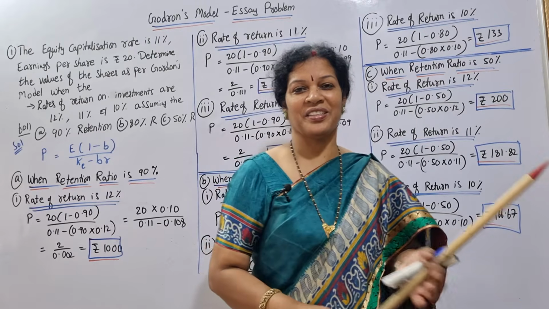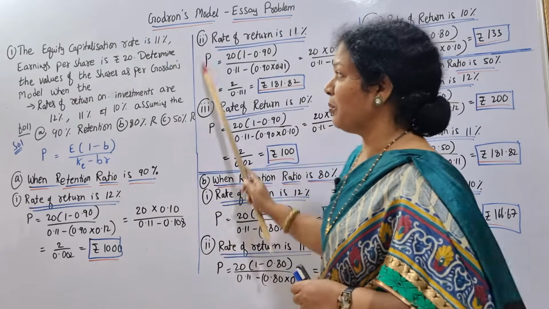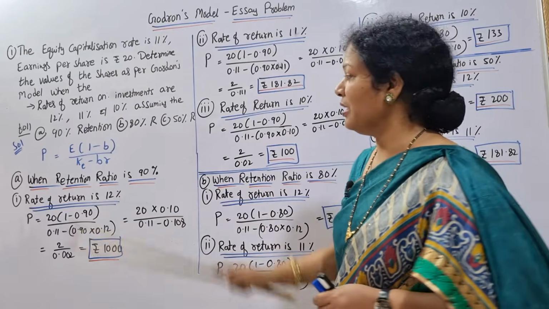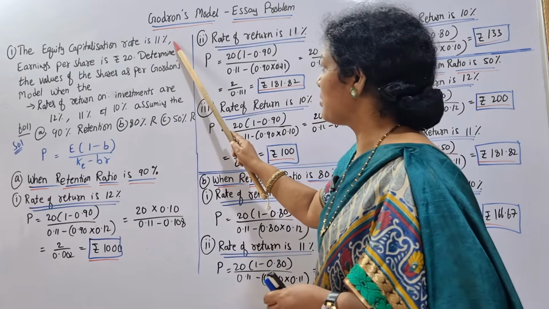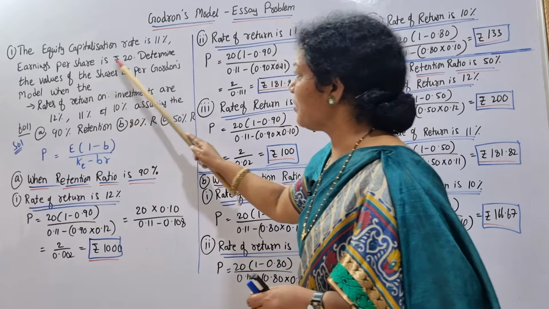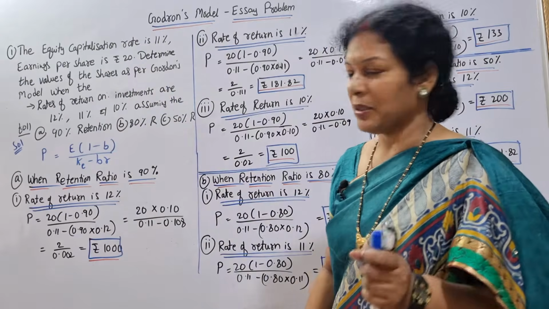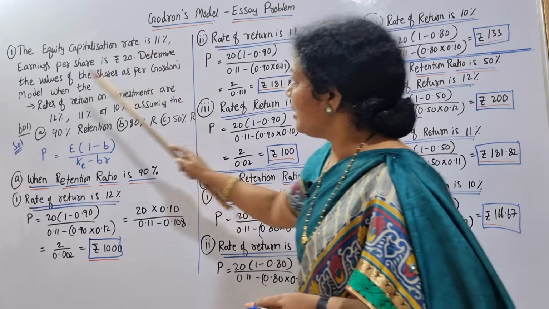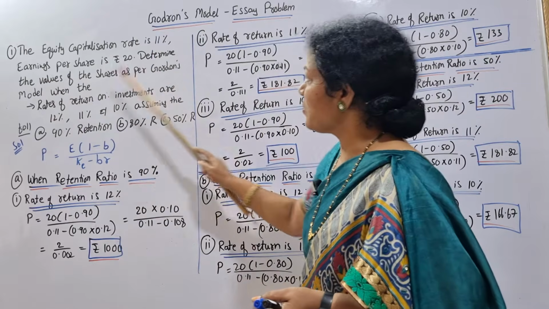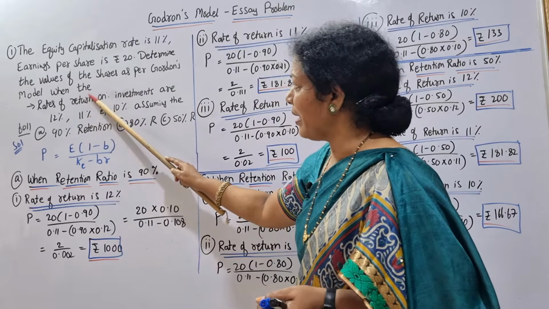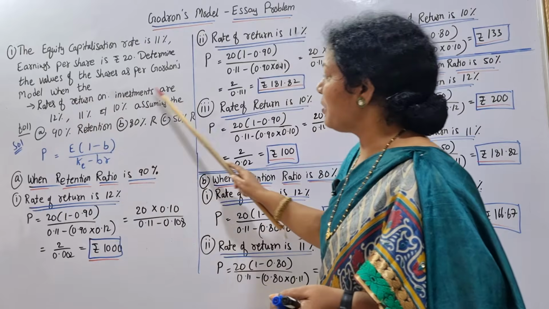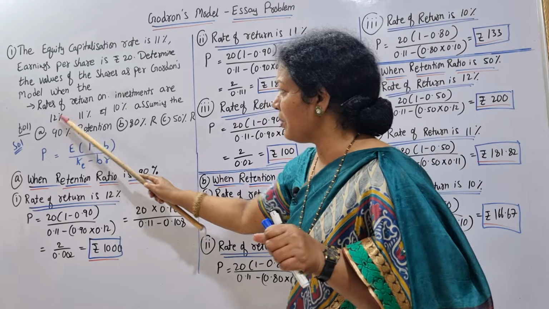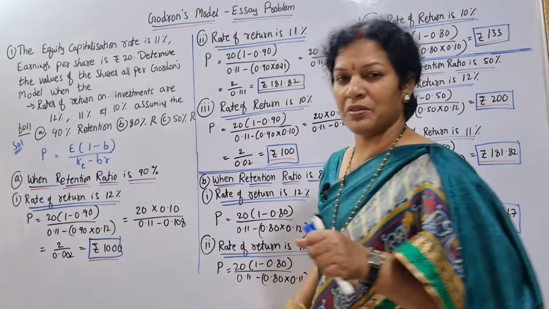So focus. Now, if you look at the problem, the equity capitalization ratio is 11%. Earnings per share is 20. Determine the value of shares as per Gordon's model when the rate of return on investments is 12%, 11%, 10%.